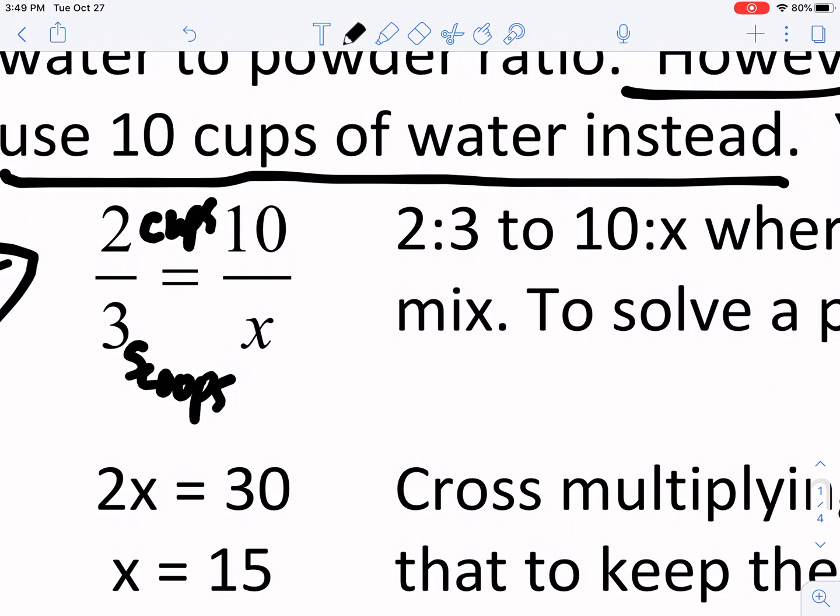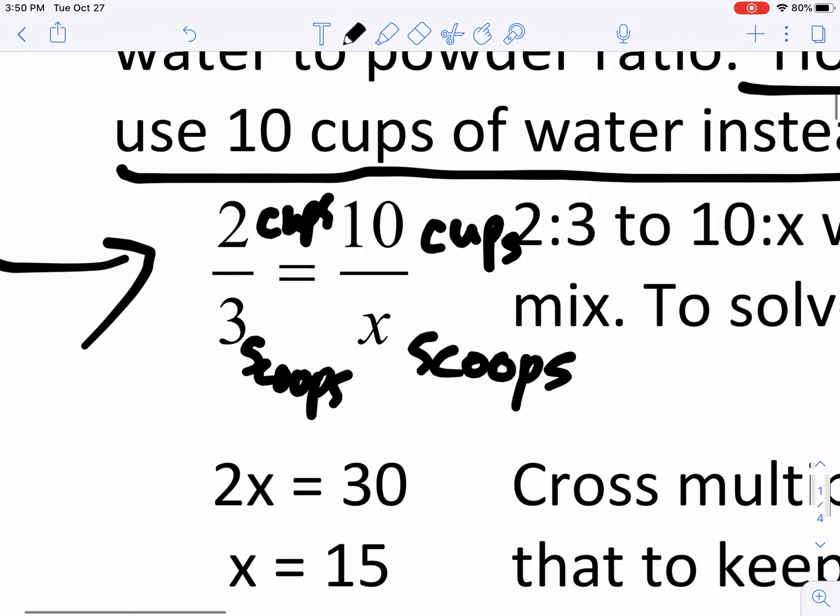Now, you're wanting to use 10 cups. So what we're going to do is set this equal to a fraction. So 2 to 3, set that equal to a fraction where we have 10 cups per the unknown. That's what we're trying to find, an x number of scoops. Okay, well, how am I going to be able to solve that? Well, think about how we clear fractions when we're solving things algebraically.